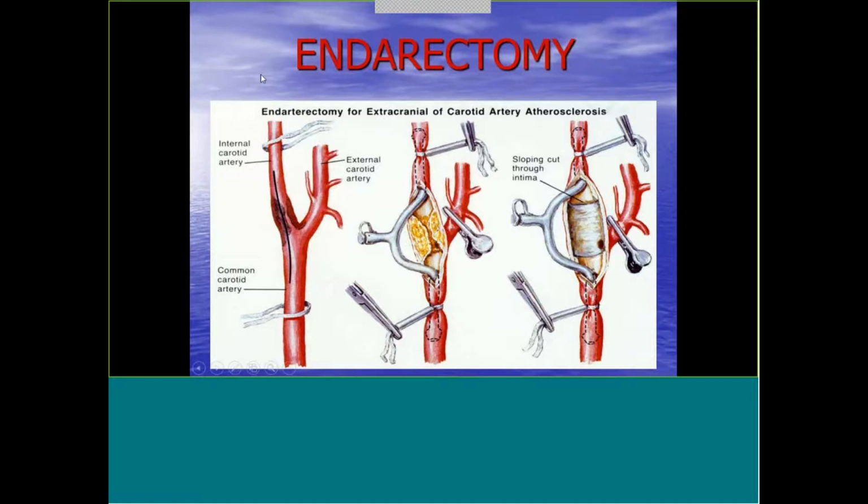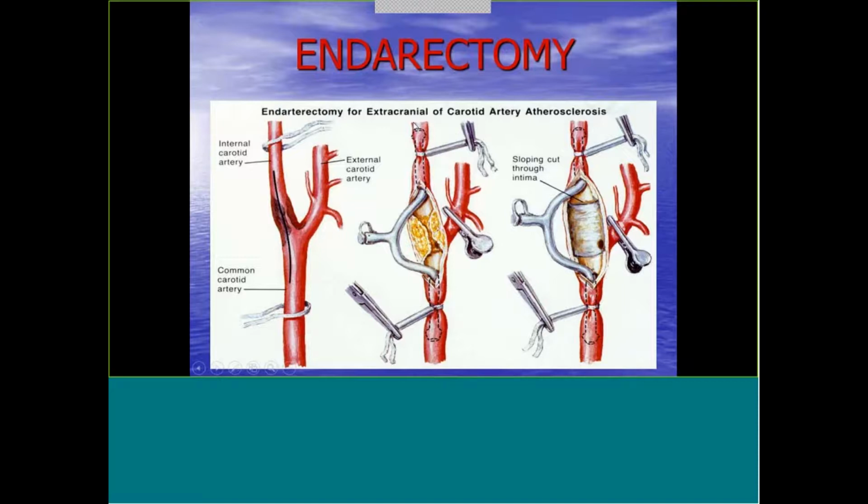The surgeon will scrub the skin surface first, then make an incision and dissect down until they isolate the three vessels. They'll isolate the common carotid artery here, the internal carotid, and the external carotid. And they'll put these little loops around to identify each vessel.